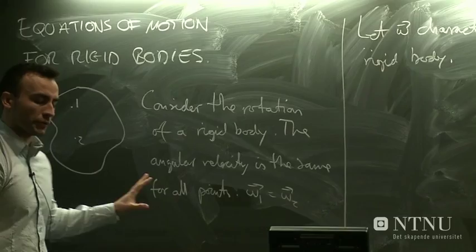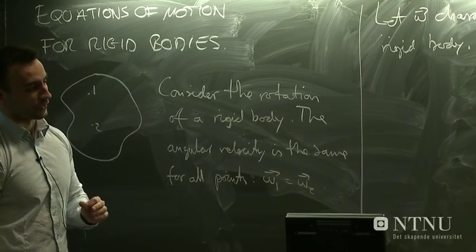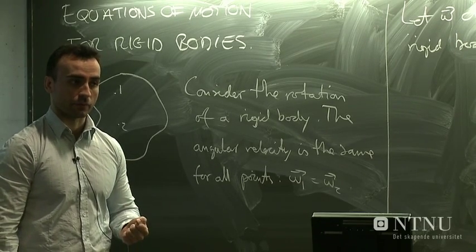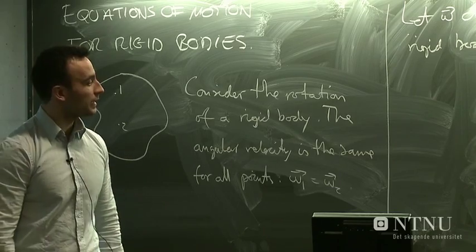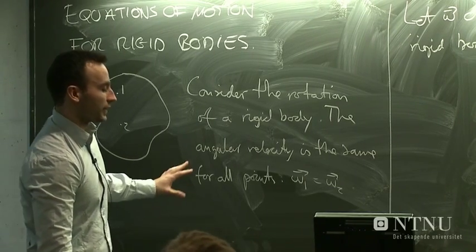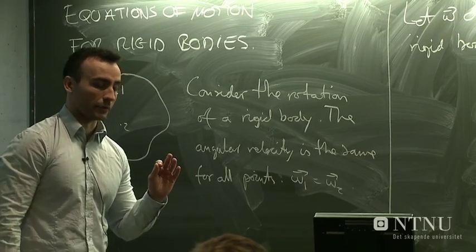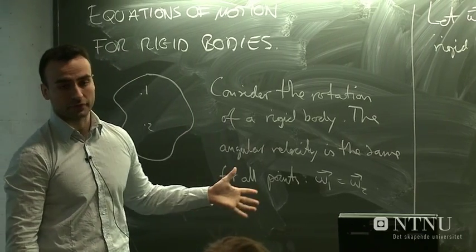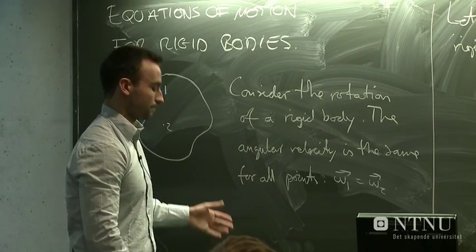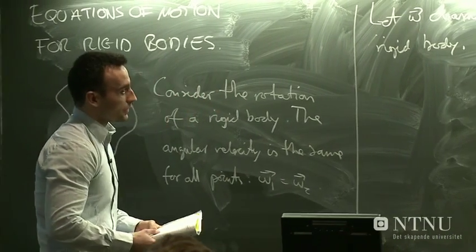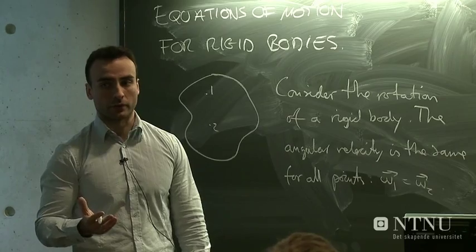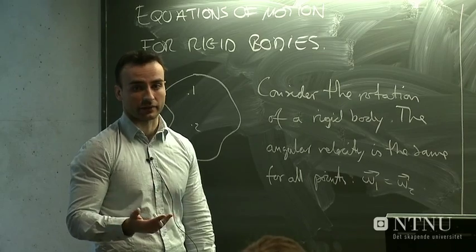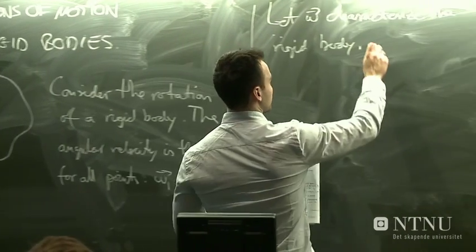Okay, in order to derive equations of motion, it's useful to consider physical quantities such as the kinetic energy and the angular momentum, since we know that the Lagrangian depends, for instance, on the kinetic energy. So we would like to find some way of expressing the kinetic energy through the least amount of parameters for this body. Well, to do so, we have to choose an origin somewhere. We have to choose a coordinate system. And a particularly good choice for this origin is the center of mass. It's a quite natural choice as well.